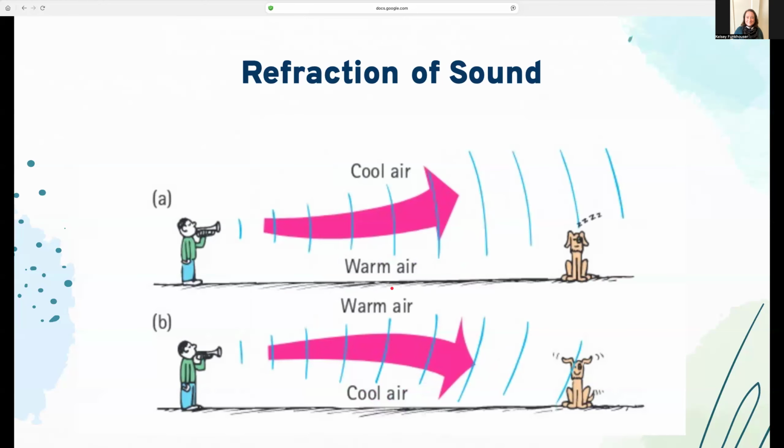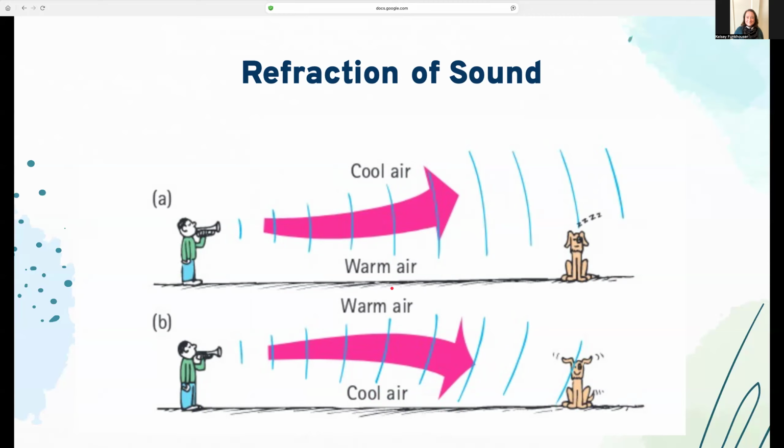There's also refraction, which is when the wave either reaches a different medium or a part of the same medium that's warmer or colder or something like that, where the sound has different speeds.